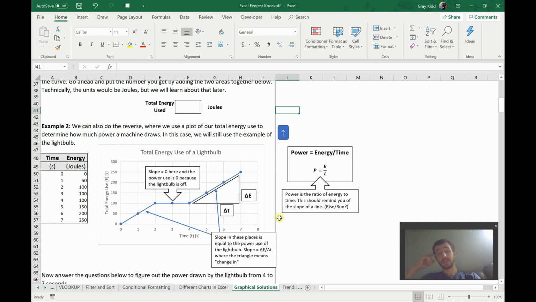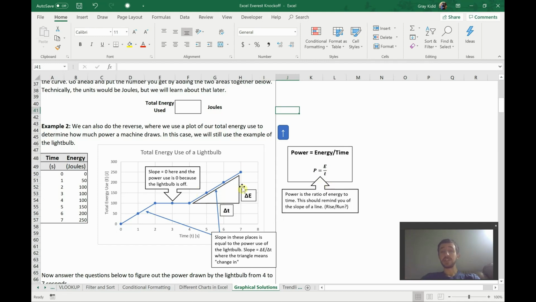Okay, we can also do the reverse. We can look at our total energy use, like how much total energy we used, and figure out what the power draw of some sort of item is. And what's the power draw on average, or what was the power draw total? So look at this, power is equal to energy over time, and energy over time, maybe that reminds you of a slope, like rise over run.